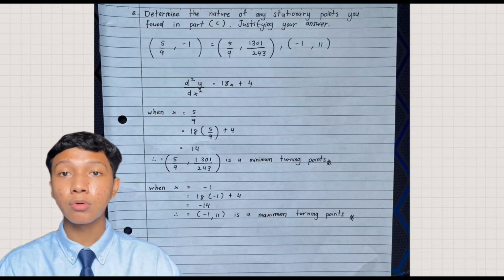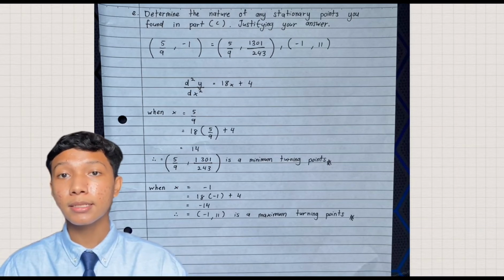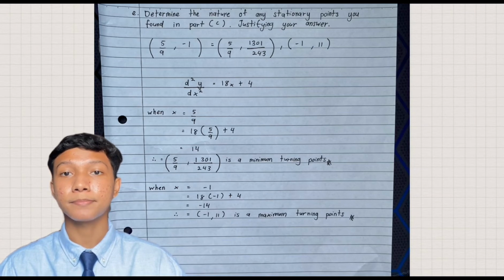When x equals 5 over 9, we use d squared y over dx squared equals 18x plus 4 and substitute the value of x. For example, 18 times 5 over 9 plus 4, and the answer is 14. So 5 over 9, 1301 over 243 is a minimum turning point.